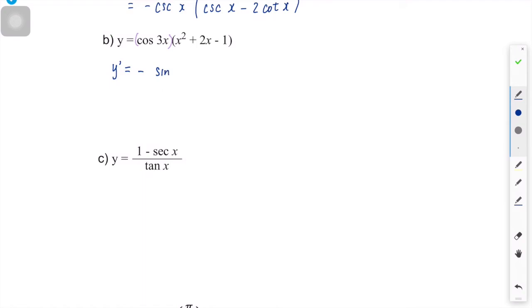So it's going to be negative sine 3x. Derivative of 3x is 3. So that multiplied by x squared plus 2x minus 1. Plus the derivative of the second term or second factor. So 2x plus 2 times cosine 3x. You can leave it like that unsimplified.